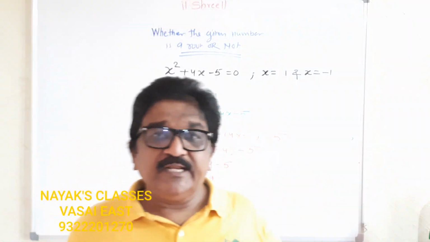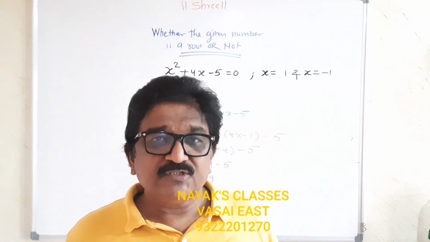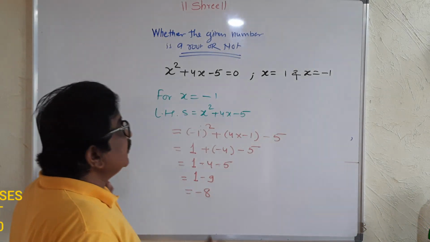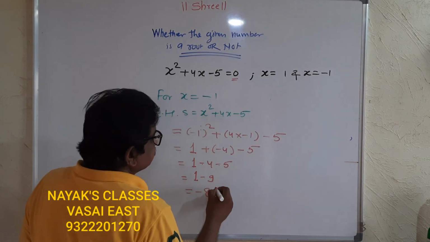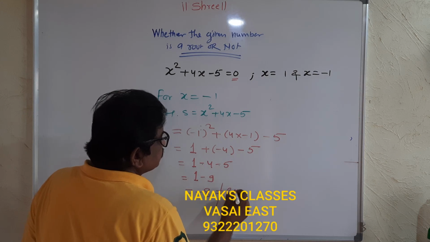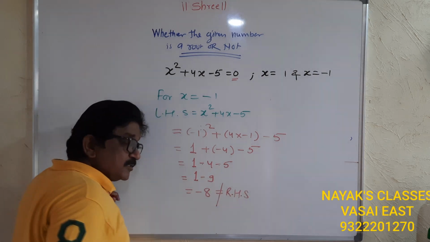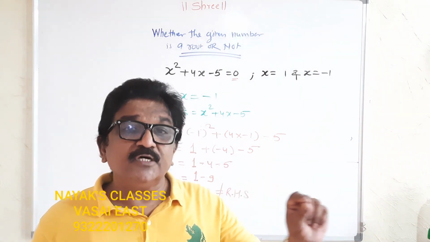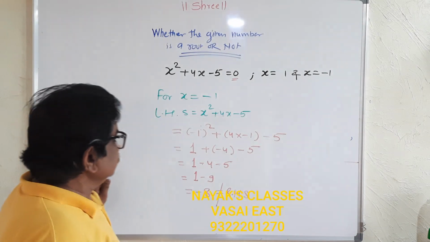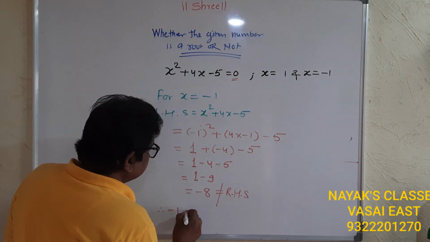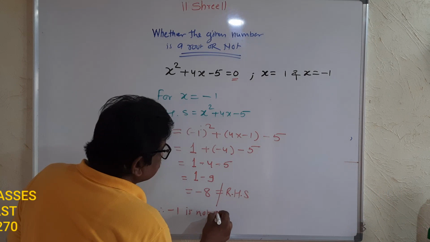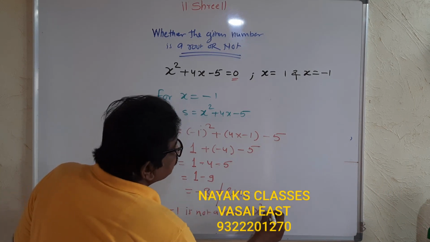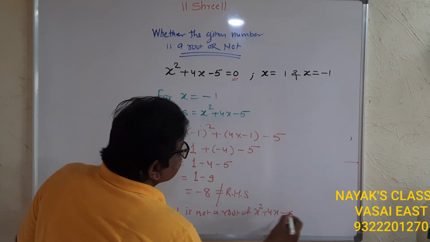If you choose correct signs and do correct calculations, you will get minus 8, which is not equal to RHS. So minus 1 is not a root of the given equation x square plus 4x minus 5.